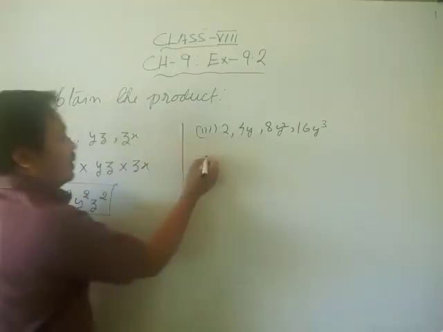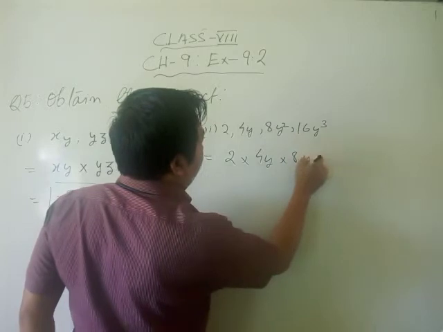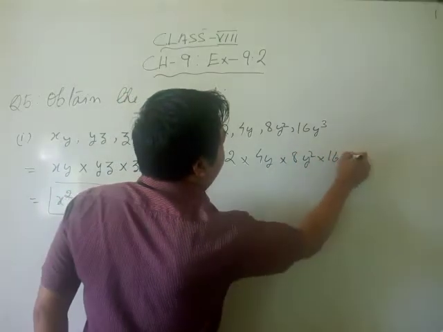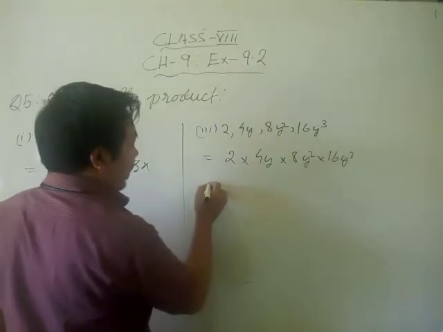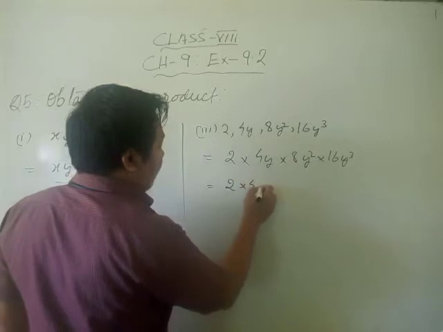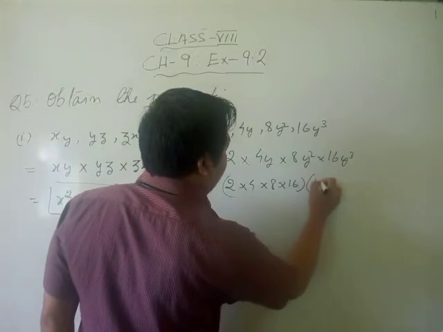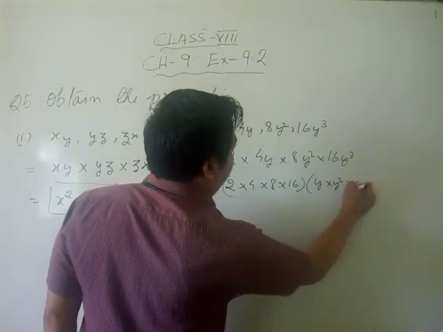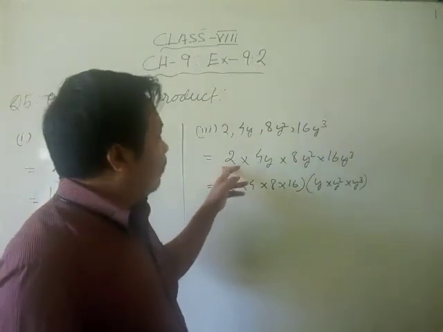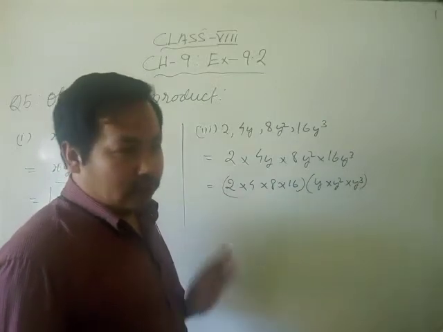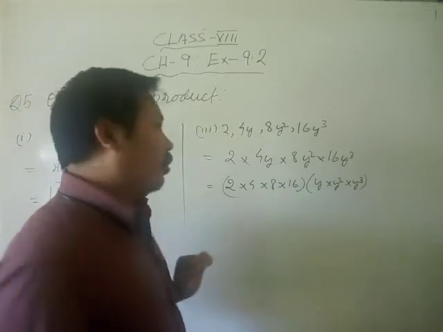Then next we are going to multiply 2 into 4y into 8y squared into 16y cubed. What we have to do is multiply all the coefficients, 2 into 4 into 8 into 16. It is not compulsory that you solve this way, but you can directly multiply all the numerals, that is, the coefficients.